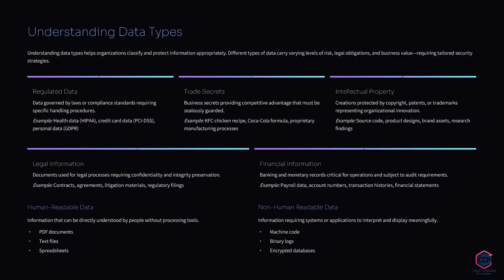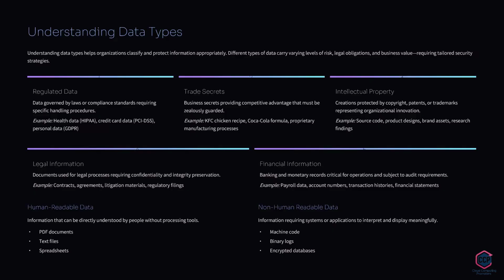So understanding data types helps organizations to classify and protect information appropriately. This means there will be many secured or confidential documents, legal obligations and business values, where each and every thing should be adjusted based on the security they want.